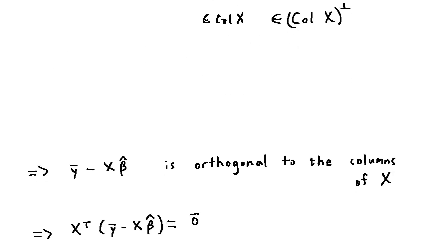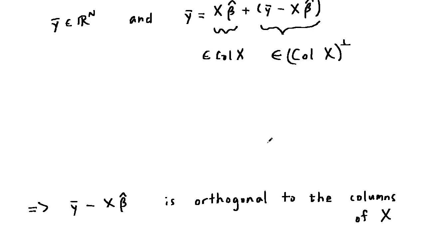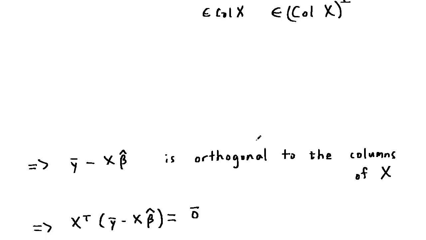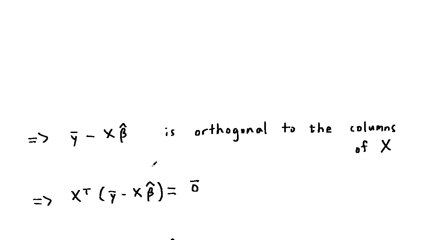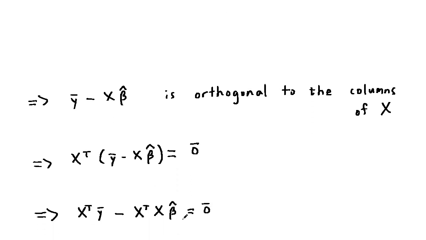Therefore, y minus X beta hat is orthogonal to the columns of X. So if we take X transpose times y minus X beta hat, we get the zero vector. Multiply this through, we get this.